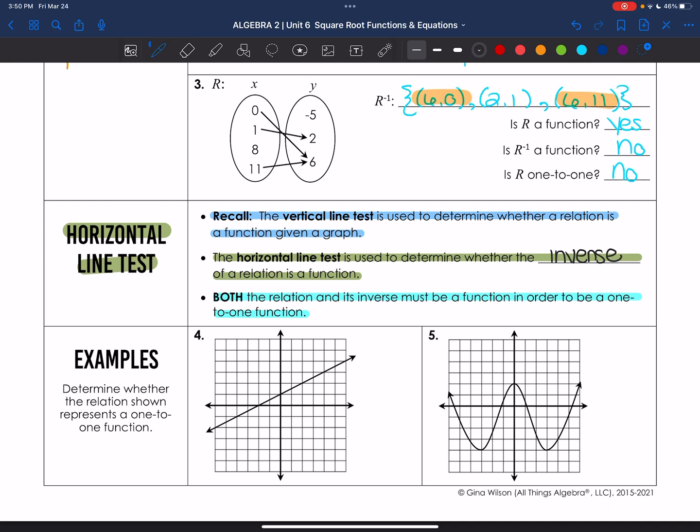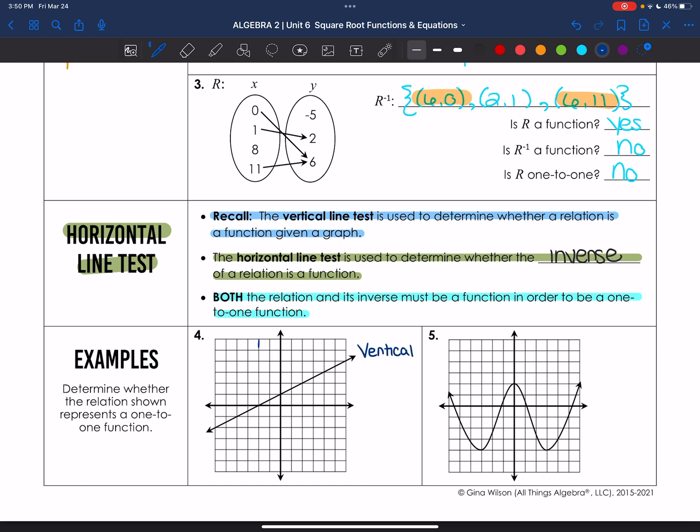So let's take a moment to decide, do we have a relationship here? Do these graphs show a 1-to-1 function or not? We'll need to do our tests to determine. First, let's use the vertical line test and see if that passes.